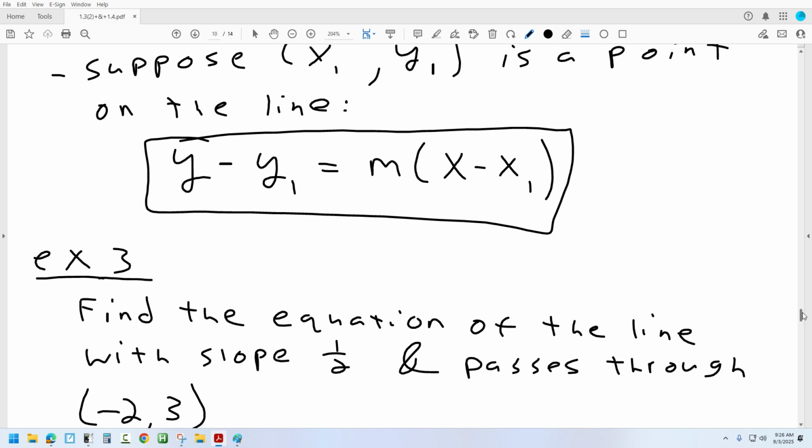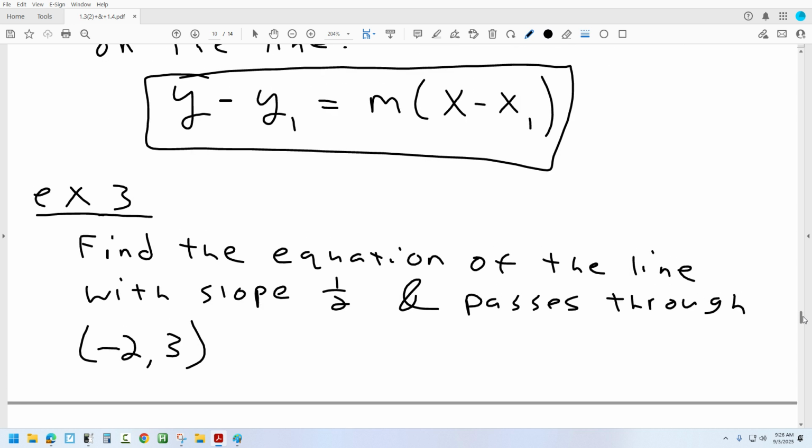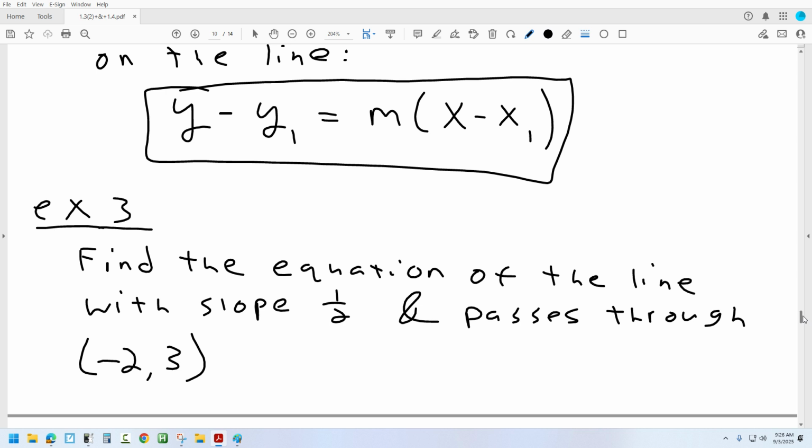I just want to make sure we know which one is which. Where is the 1/2 going to get plugged in? That'll get which letter? M. That's going to be your m. How about the negative 2? What are we going to plug that in for? Yeah, x1. That's your x1. And the 3 would be your y1.